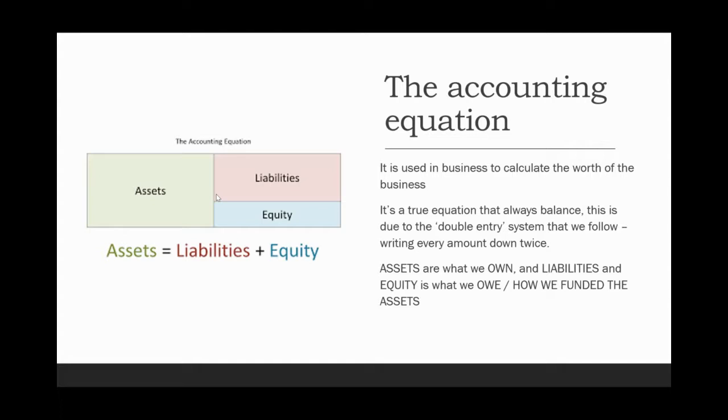Does it make sense? One or the other. But this equation must always balance. Then we know things are right. Briefly, it is used in the business to calculate the worth of the business. It's a true equation that always balances.